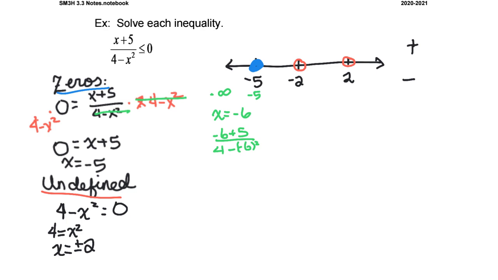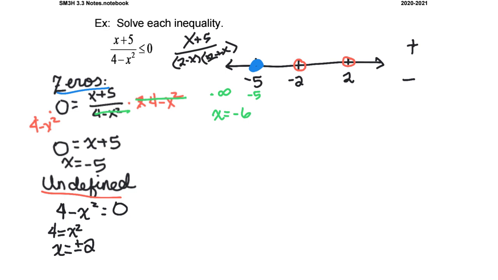And so because of that, I'm going to kind of backtrack and factor this first. So I'm looking at x plus 5 over 2 minus x times 2 plus x.